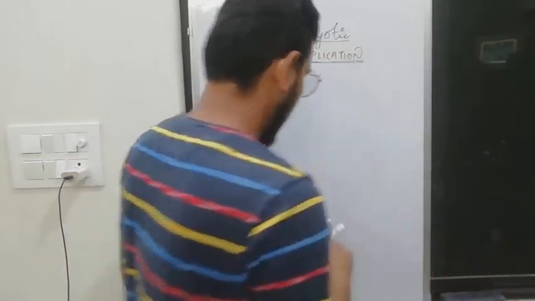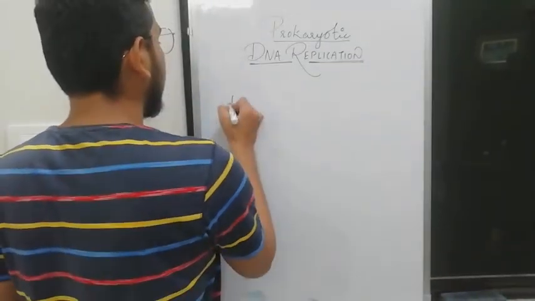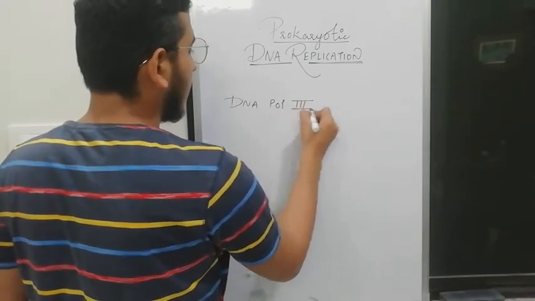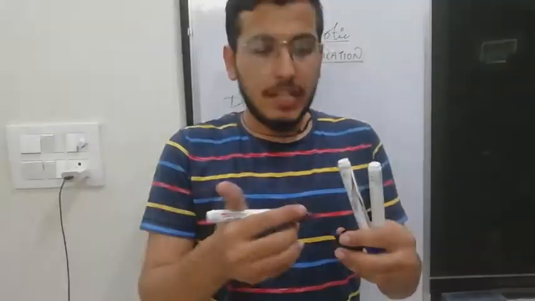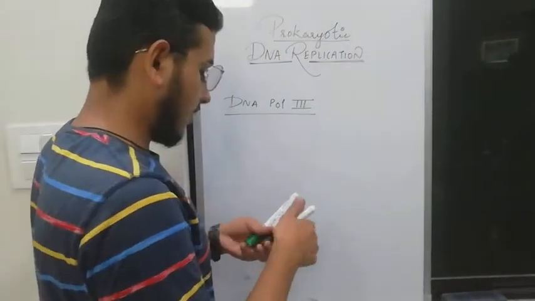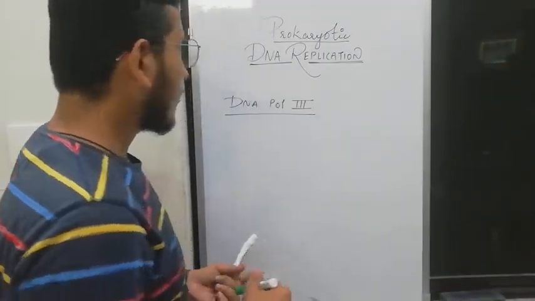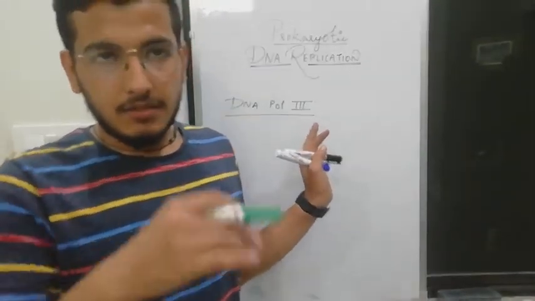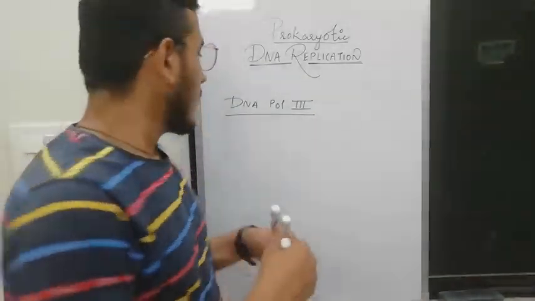So we'll take these polymerases one by one. First we'll take DNA polymerase 3. DNA pol 3 is a multimeric enzyme made up of various subunits. We'll see each of the subunits. It actually polymerizes the nucleotide sequences.